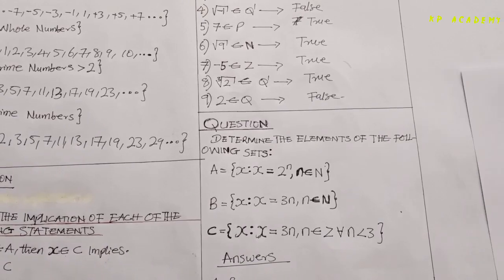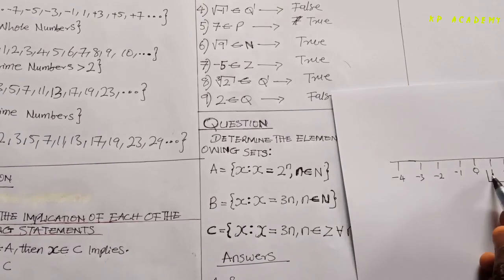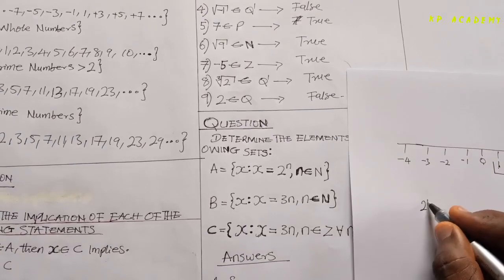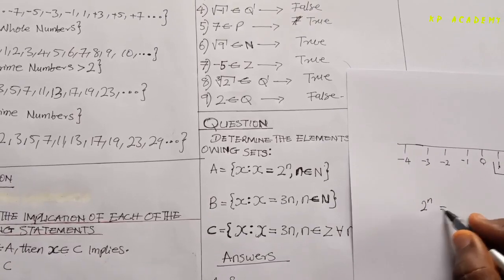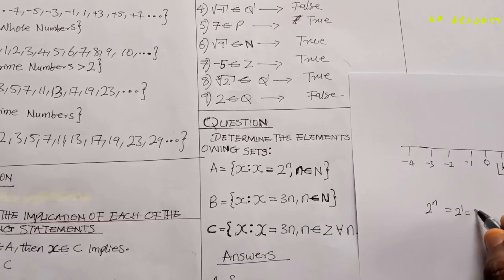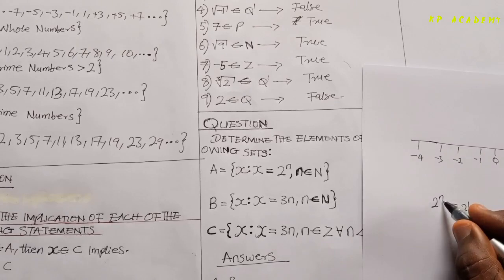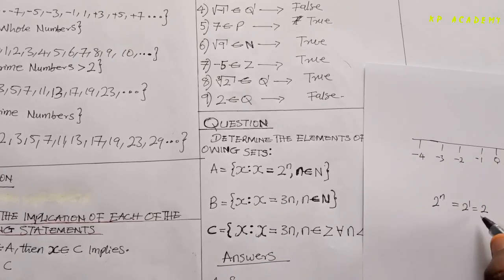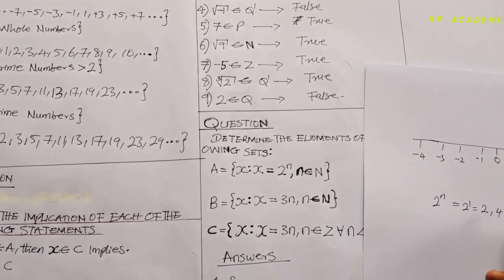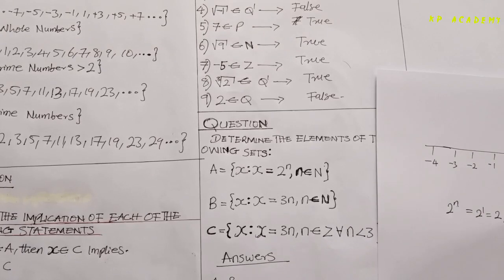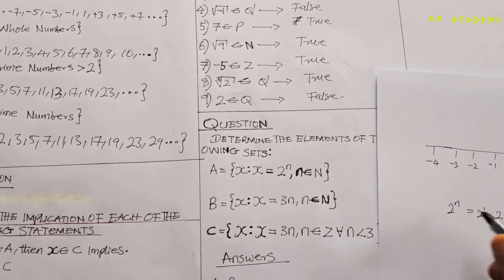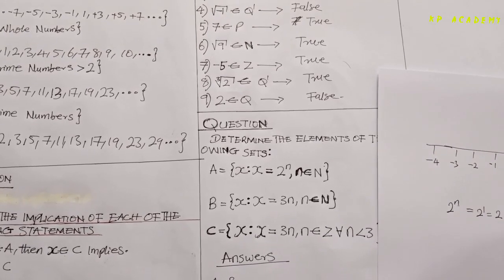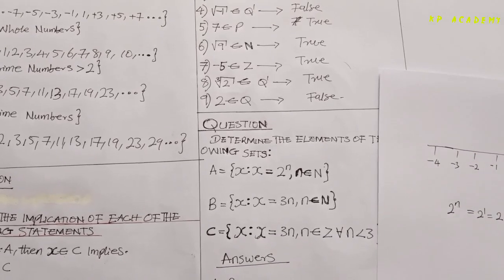All right. So taking 1, put 1 inside 2 raised to power n. So put 1 here, it will be 2 raised to power 1, which is equal to 2. Put 2 here, it will be 2 raised to power 2, which is equal to 4. Put 3 here, it will be equal to 8. Put 4 here, it will be equal to 16, and so on and so forth. All right.